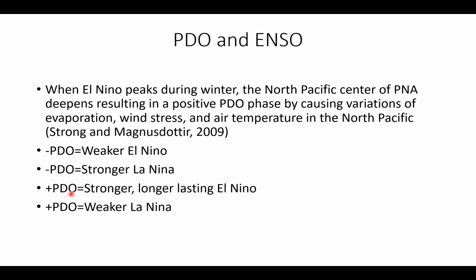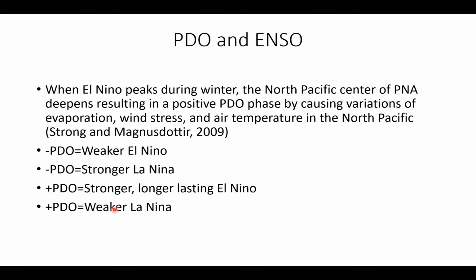Now, what happens if we get a positive PDO? We typically have that associated with a stronger, longer lasting El Nino. We're going to have a stronger El Nino this winter, we know this. That could potentially lead to a positive PDO pattern in those sea surface temperature anomalies off the west coast. Weaker La Ninas, on the other hand, which we will not be seeing this upcoming winter, are usually associated with a positive PDO as well, when the pressure gradient is much weaker.